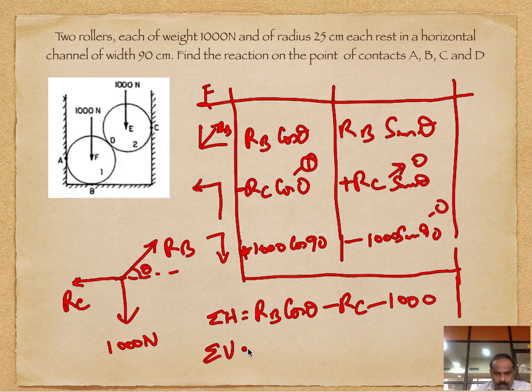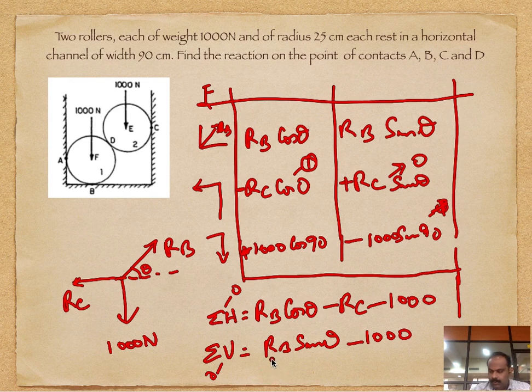And sigma v is equal to RB sin theta, sin 90 is 1, minus 1000. We can equate both sigma h to 0 and sigma v to 0. So this is how we treat an equilibrium problem. So we can again write RB cos theta minus RC minus 1000 is equal to 0.